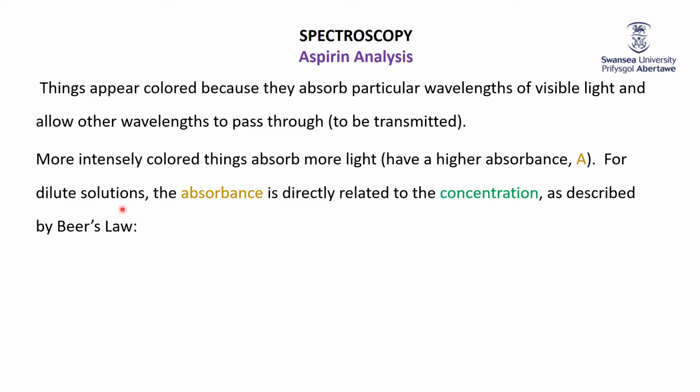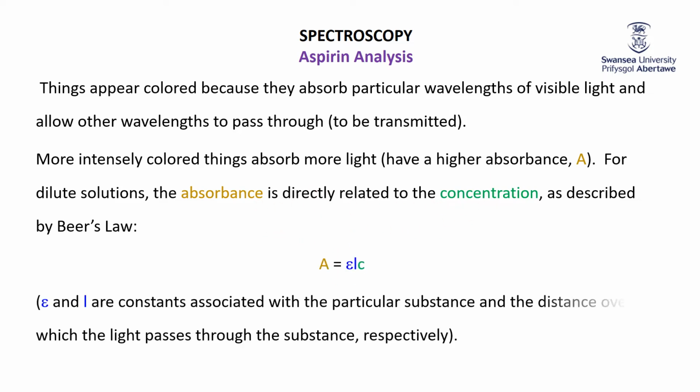And for dilute solutions, the absorbance A is directly related to the concentration. It's proportional to the concentration, as described in Beer's law. A, that's the absorbance, is equal to epsilon L C. Now epsilon and L are just constants associated with a particular substance; L is the path length. So these are going to be constant throughout our experiment.